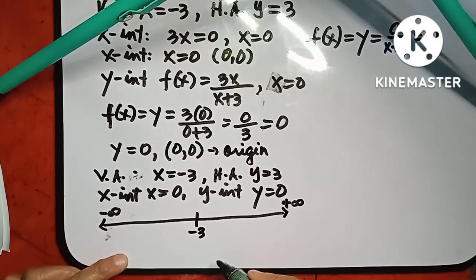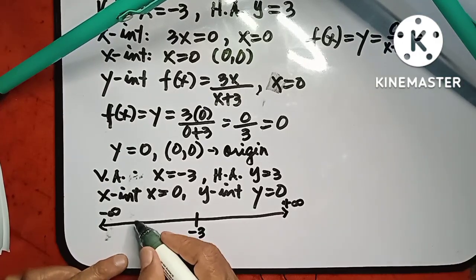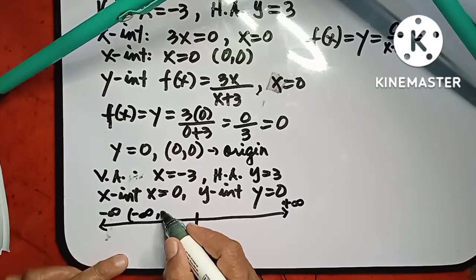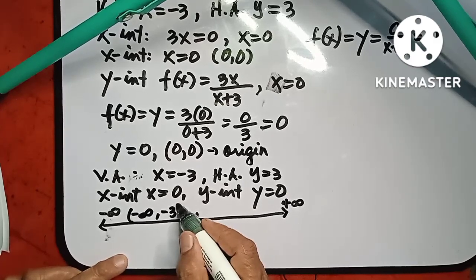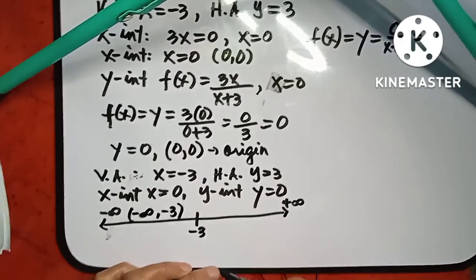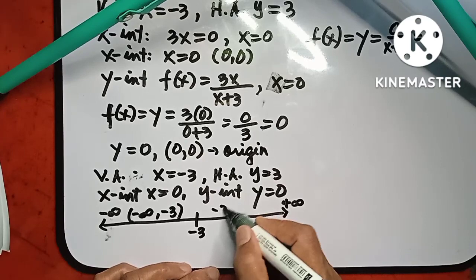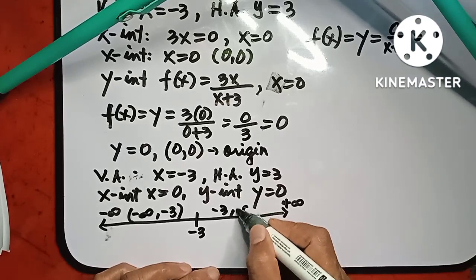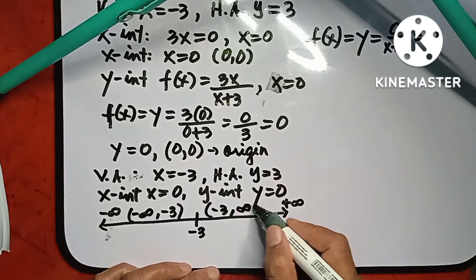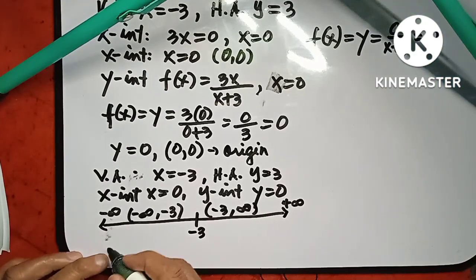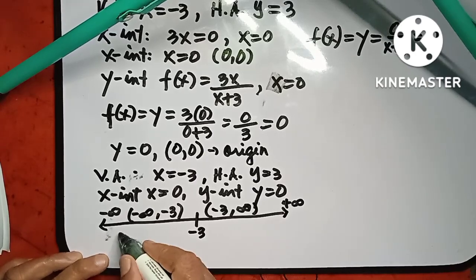That is our vertical asymptote. So from negative infinity to negative 3 excluded, that is our first interval, and our second interval is from negative 3 to positive infinity.